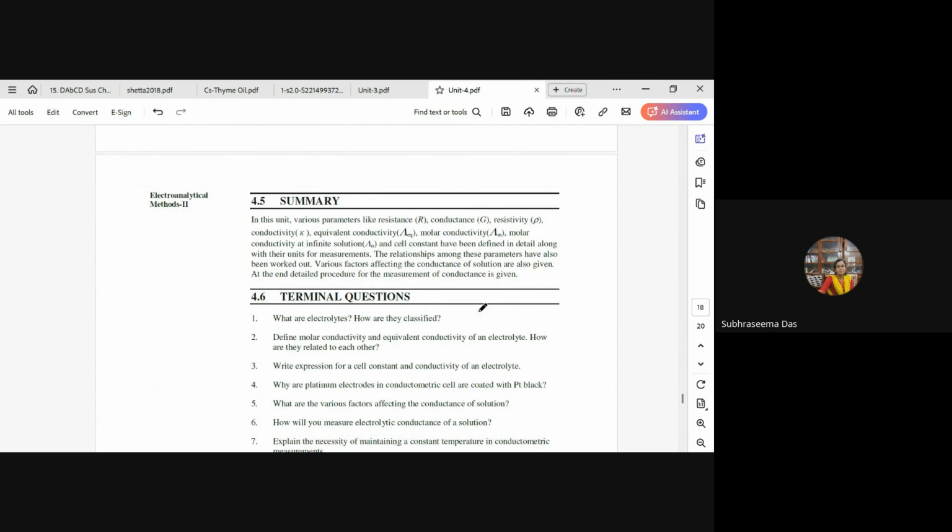In summary, in this unit we have talked about various parameters like resistance, conductance, resistivity rho, conductivity kappa, equivalent conductance lambda equivalent, molar conductivity lambda m, and molar conductivity at infinite dilution, that is lambda infinity. We have also talked about cell constant, the relationship between various parameters, and the various important applications of conductometry.